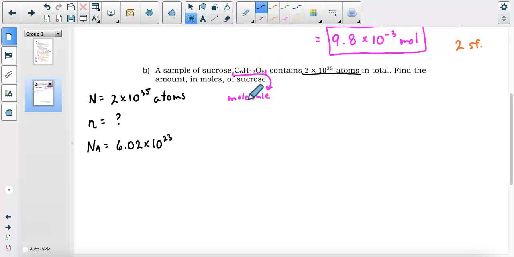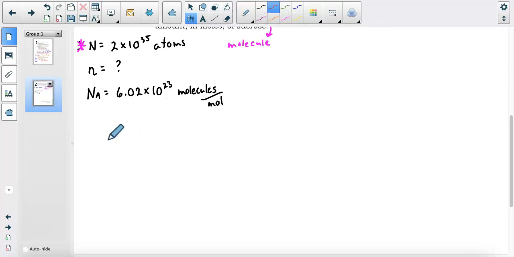Because this sucrose is a molecule, we need to have our Avogadro's constant in terms of molecules per mole. So this is going to be our focus right now in putting these in the correct units in order to keep moving forward. Okay, so our first step is going to be converting the atoms to the molecules.